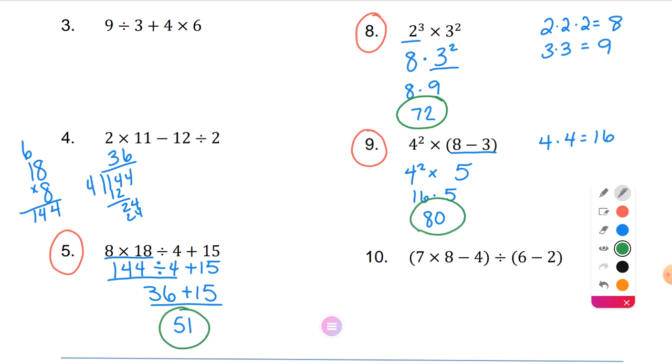Once you get them worked, I want you to look up and check. If you got it wrong, see if you can figure out exactly where you messed up and why yours is wrong. If you can't, raise your hand and I will come help you. Okay?